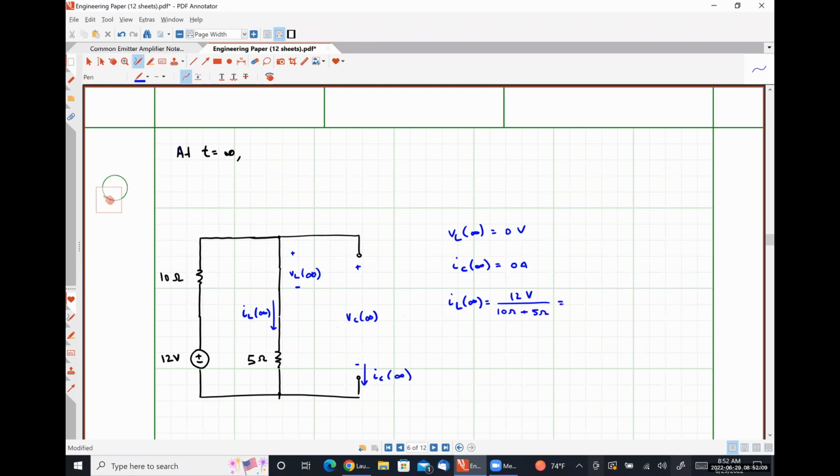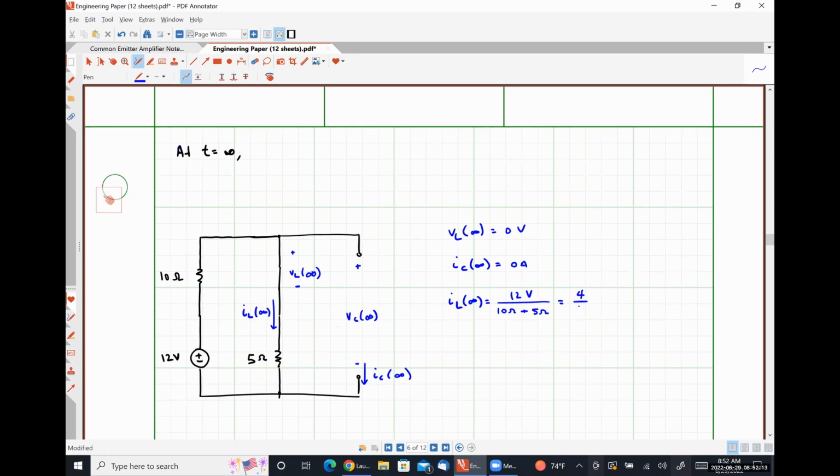So that's 12 over 15, which is the same as 4 over 5 amps. And using Ohm's law, VC at infinity is 5 ohms times 4/5 of an amp, comes out to be 4 volts.